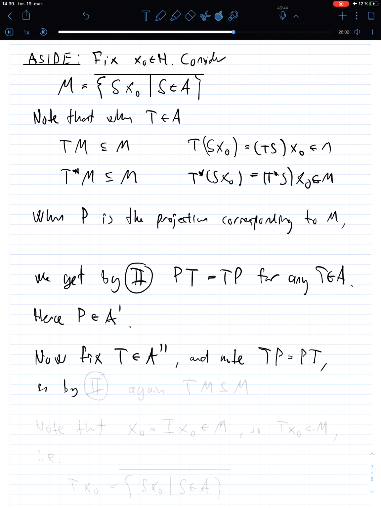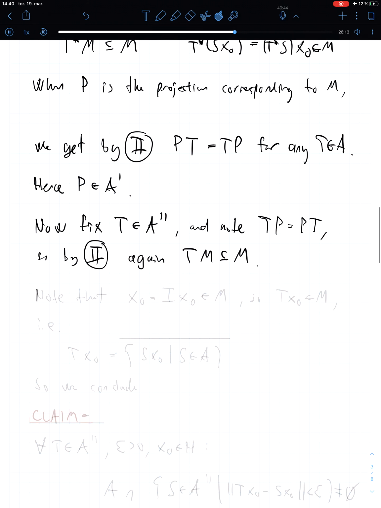So by 2 again, T sends M back into itself. So finally, we note that x0 can be written as the identity times x0, and the identity is in A because A is a C-star algebra with the same unit as I emphasized before, so this will lie in M by definition.